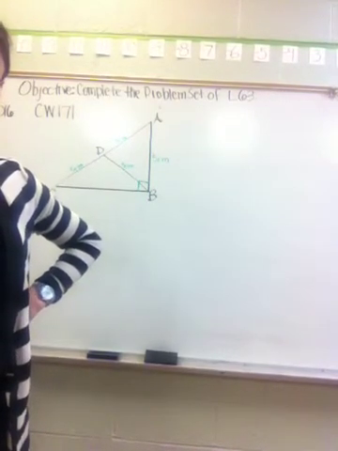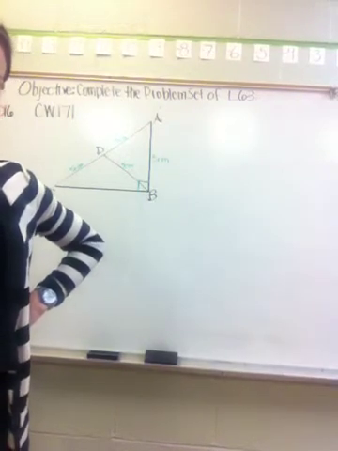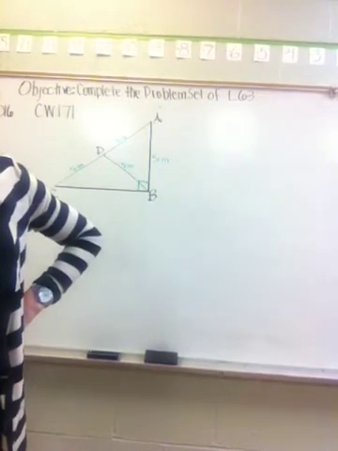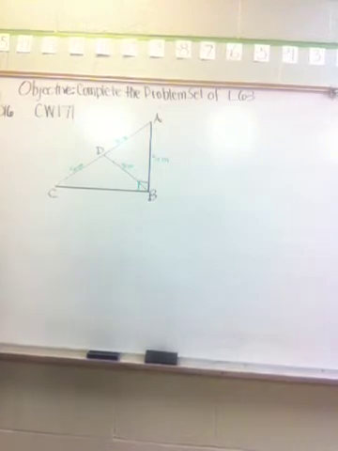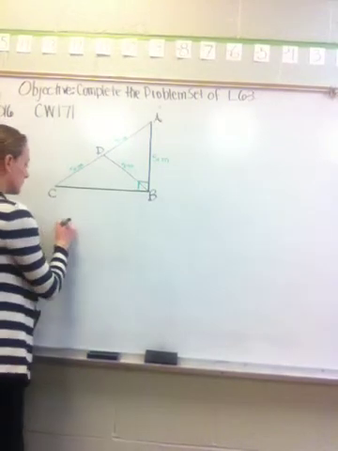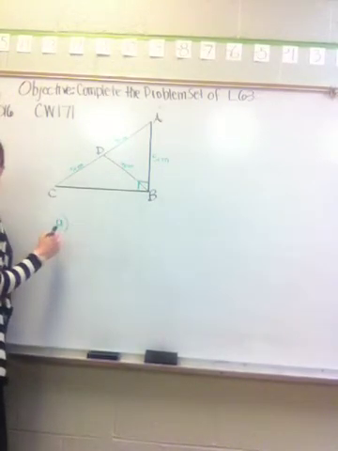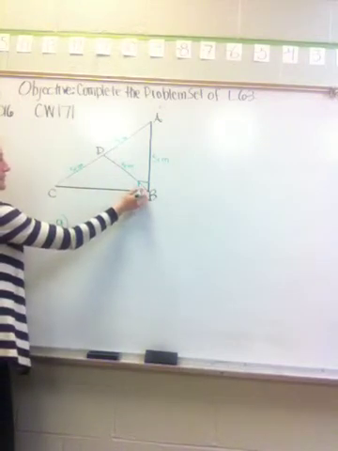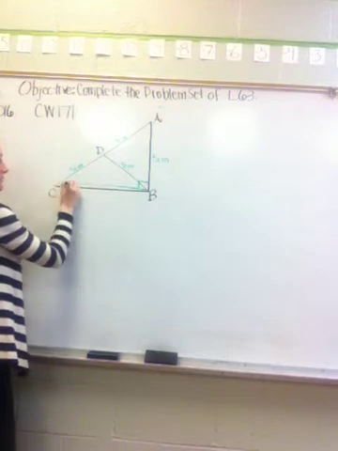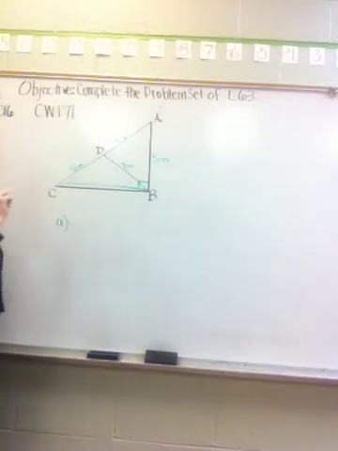All right. Classify triangle BCD by its sides. What kind of triangle is that, Isabella? Oh, scalene. Hang on. BCD. This triangle right here. Oh, isosceles.